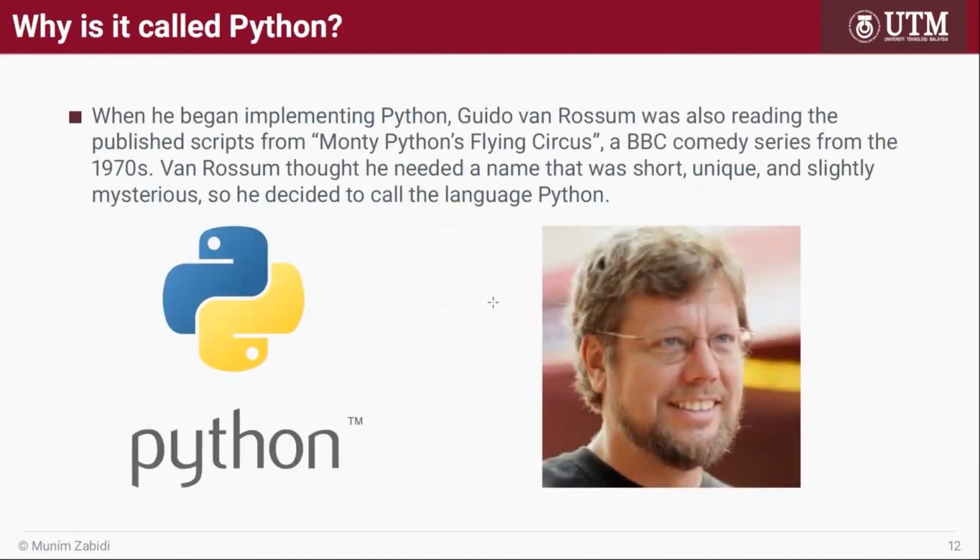Okay, so why is it called Python? If you talk to an American, they will say one pronunciation, but to a Malaysian, we say another. But if you are making a word out of Python, such as Pythonic, okay, your method of working is not Pythonic, so that means the correct pronunciation probably is the American one.